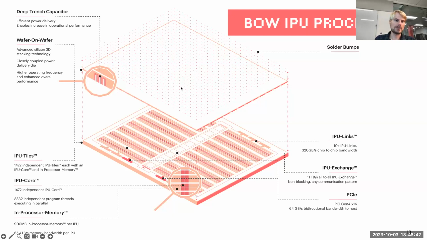And with this power delivery wafer, which is full of basically capacitors, we can run at a higher clock rate while being more energy efficient. And this helps us run up to 40% faster without any changes to the software at all, purely by this hardware wafer-on-wafer change. And this is the first processor productionizing this technology.